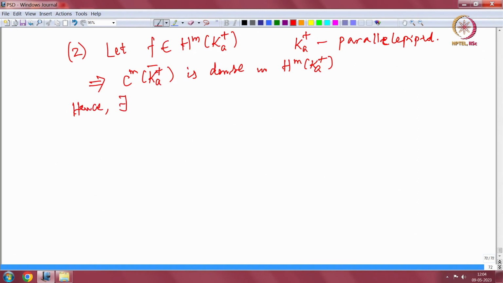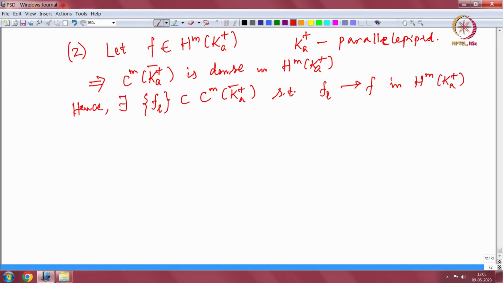So, let me use index, okay, FL in Cm Ka plus bar such that FL converges to F in Hm Ka plus. Okay.